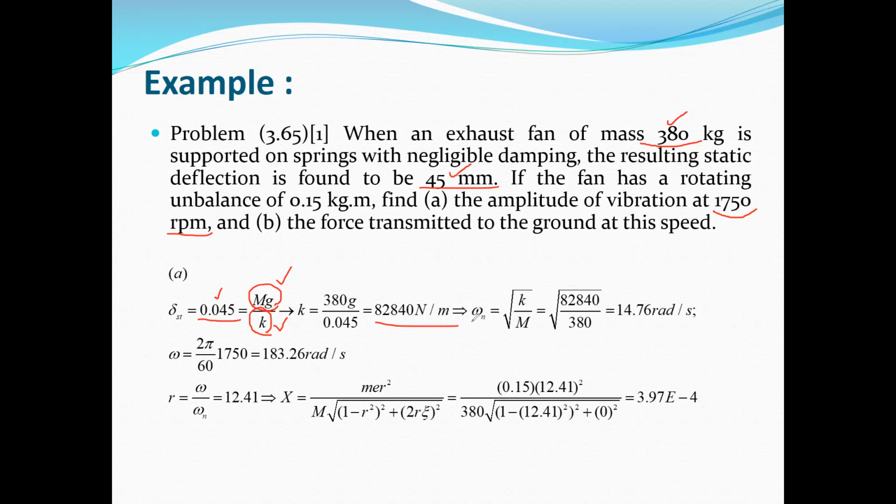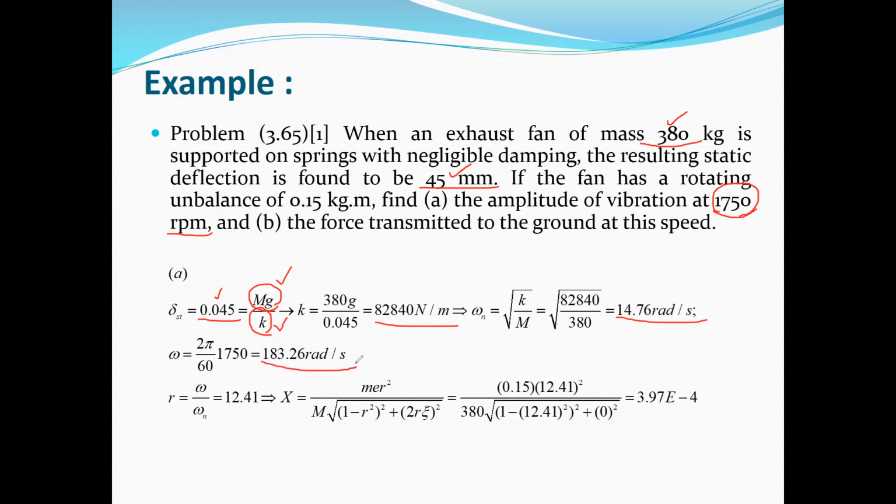Then we can calculate the natural frequency of the system, which is equal to the square root of k divided by m, the stiffness divided by mass, and it's equal to 14.76 radian per second. And as I told you, we can calculate the frequency of the rotation from this value of the RPM. We should convert it into radian per second by multiplying by 2 pi and dividing by 60.